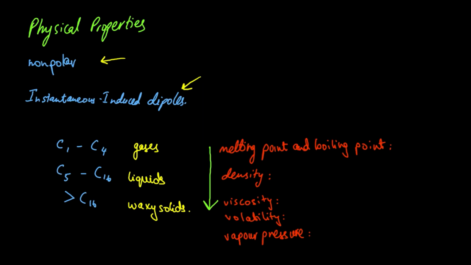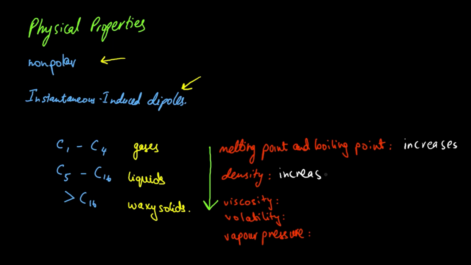Now, this is an established fact, but what if we talk about other physical properties such as the melting point and boiling point? Since the state is changing from gas to liquid to solid, the melting point and boiling point will increase as the number of carbon atoms increases. Okay, the density will also increase. Why? It will increase because the molar mass is increasing.